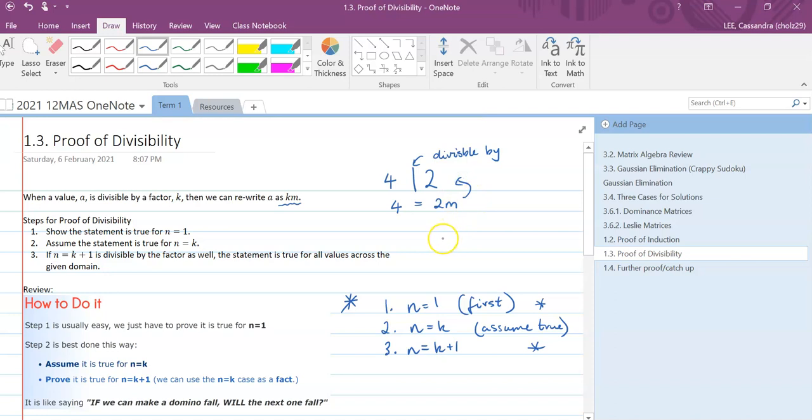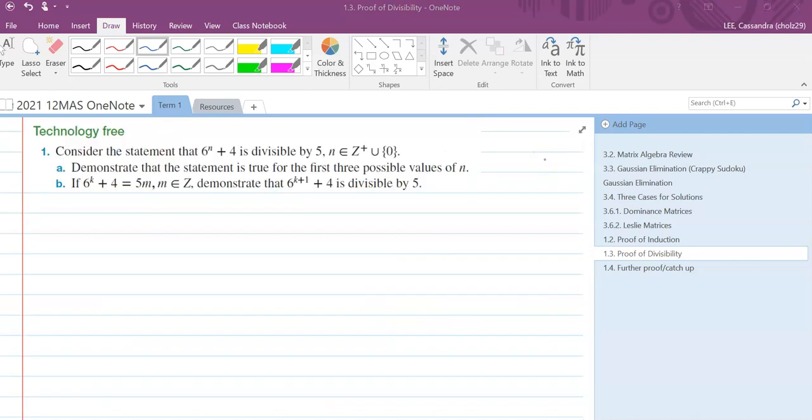Right, let's jump into a question now. Consider the statement that 6 to the power of n plus 4 is divisible by 5, where n is an element of the positive integer set. Oh, sorry, and 0. So in this case, 0 is actually going to be our first case. So our first case, we're going to let n equal to 0. So let's write this notation.